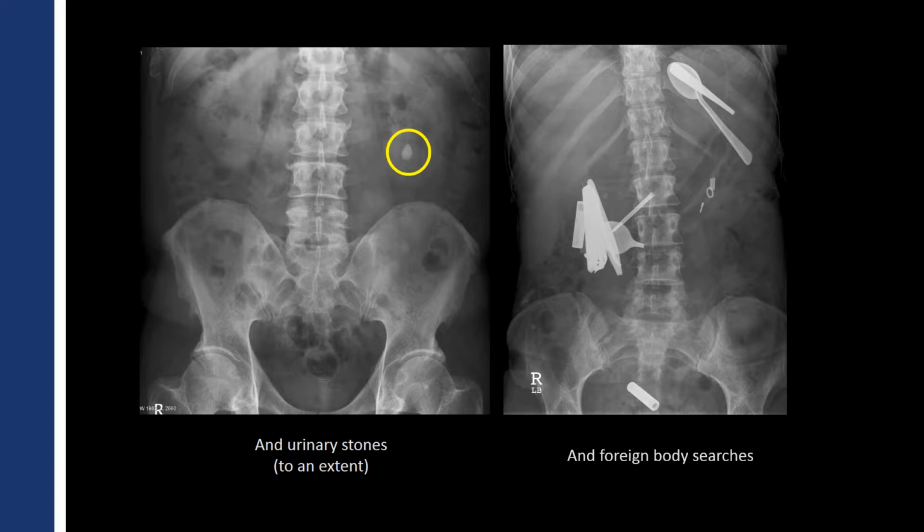Those can corrode through the stomach and can be dangerous. So you might want to find out if the child actually has this metallic density within their bowel and just exactly where it is, so you can point the gastroenterologist or the endoscopist toward it.